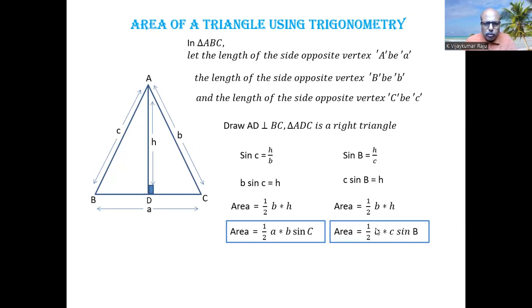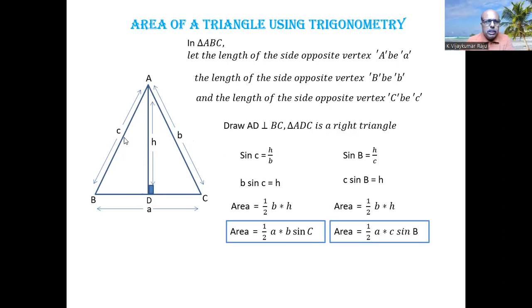Now if you notice these two formulas, if you take angle C, the sine of this angle, the side containing this angle, the arms of this particular angle C, these two lengths are multiplied into sine C. So the arms of the angle C are to be multiplied, that is A into B into sine C. When you take B, it is A into C, because this angle is here, its arms are A and C, therefore A into C, sine B. So if you take angle A, what will it be?